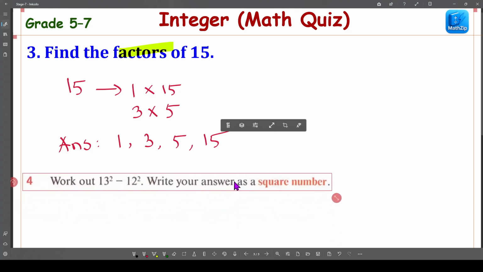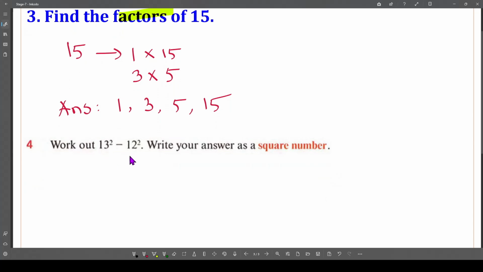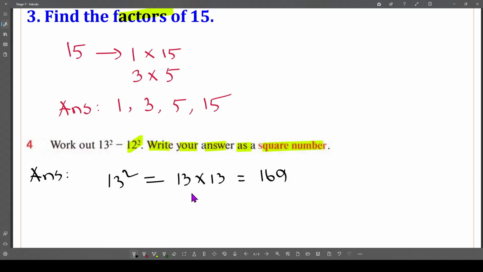And our last question in this video: work out 13 squared minus 12 squared. Write your answer as a square number. So what does it mean? Look, 13 squared equals 13 times 13, which is 169, right?